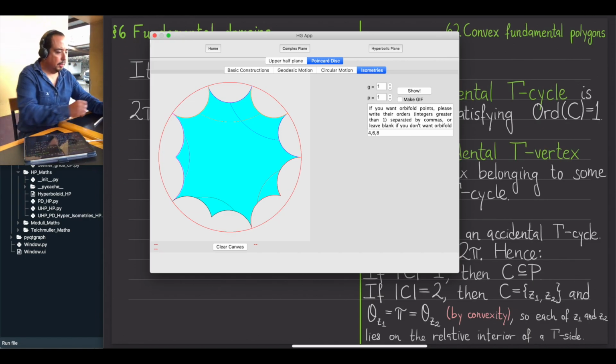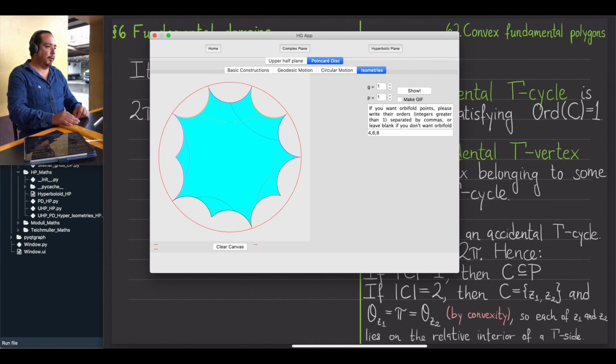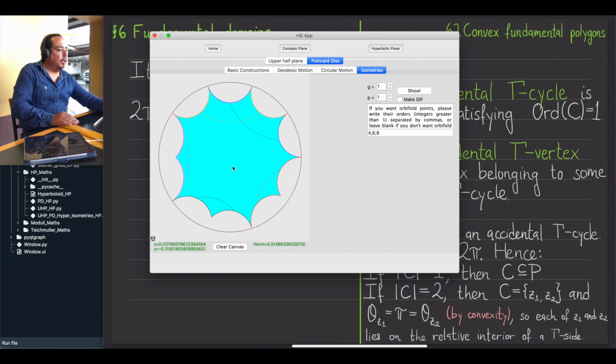Let us see a basic example in order to see how to think about the angle sum and the order of a gamma cycle in concrete terms. What these notions mean in concrete terms. So here you can see a fundamental polygon P, a locally finite fundamental polygon P for some Fuchsian group gamma.